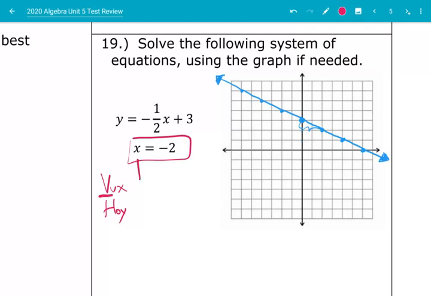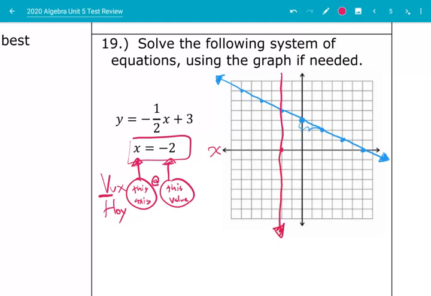So we go to the x-axis, right here, at this value. So that's at minus 2 right there. That's a vertical line that goes through right there.